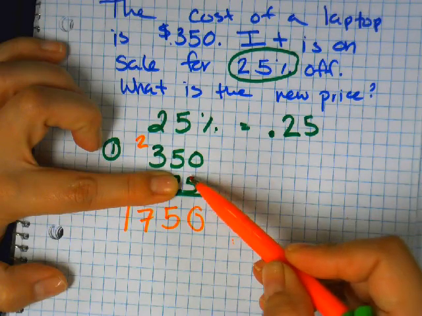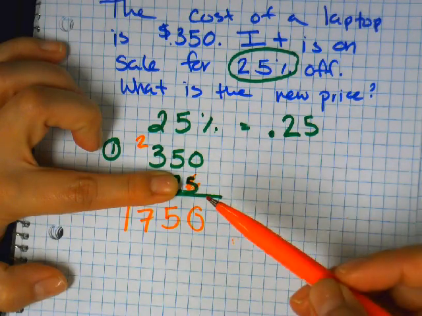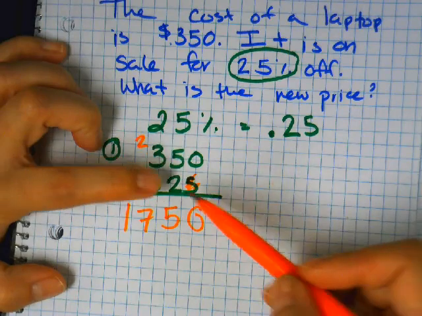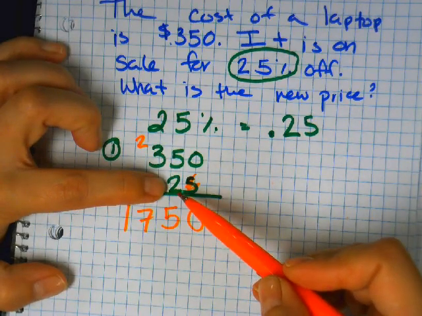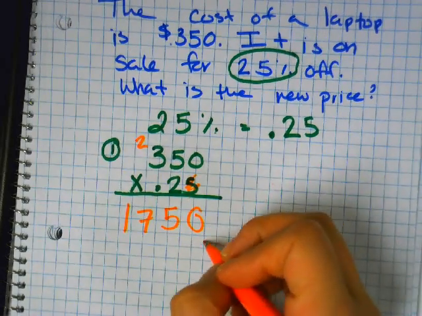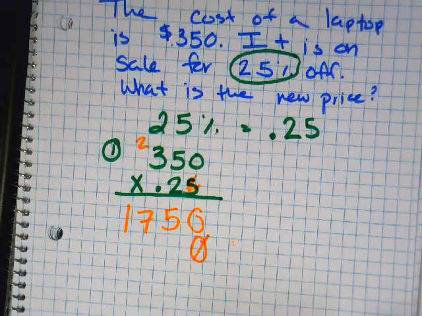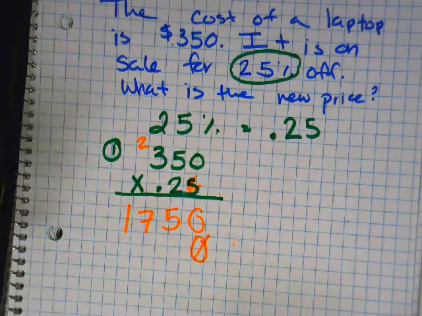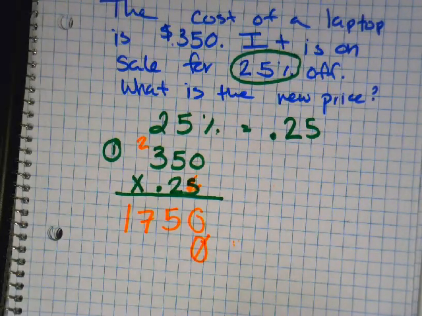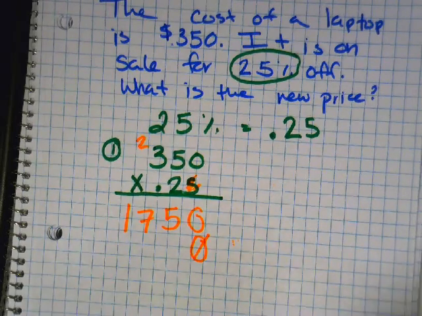So now the 5 is done. Now I got to multiply everything by the 2. But before I start multiplying by 2, I have to put a placeholder, 0 placeholder. I usually cross it out so you know that I didn't get that by using math. I got that because it's a placeholder. I got 95.